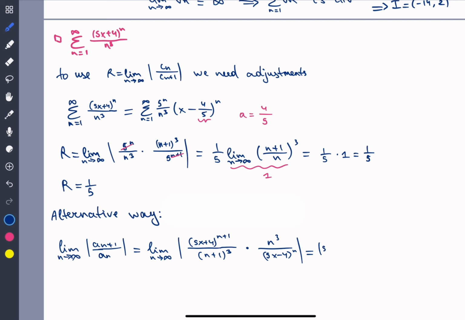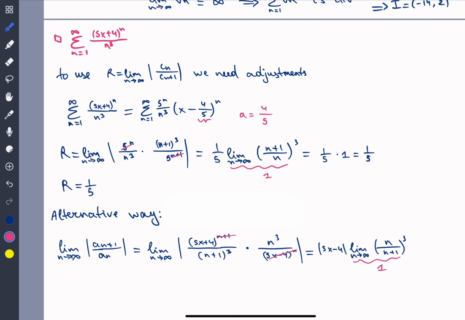So we just again cancel out, find the limit. Here we cancel out the power of 5x plus 4. So we're just left with the absolute value of 5x plus 4 times the limit as n tends to infinity of n over n plus 1 cubed, which we know is 1.